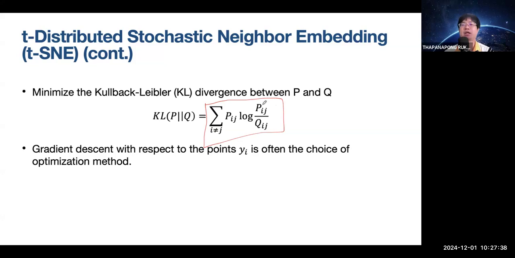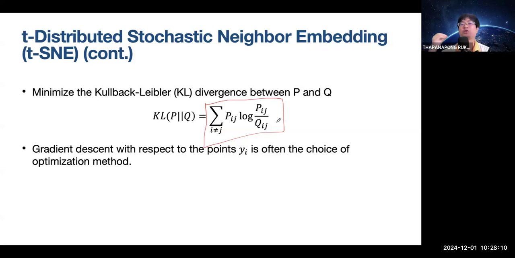And it basically measures how similar two distributions are to each other or not. And the lower the value, the better. If Pij and Qij are the same, you get log of 1, and when you get log of 1, the entire thing is 0, because log 1 equals 0.